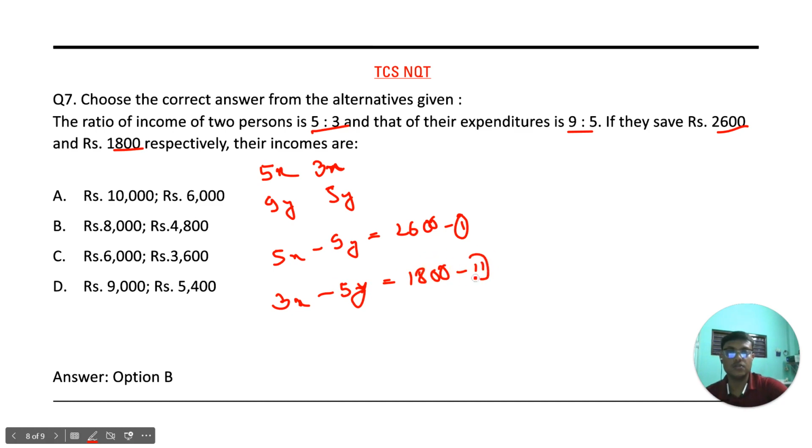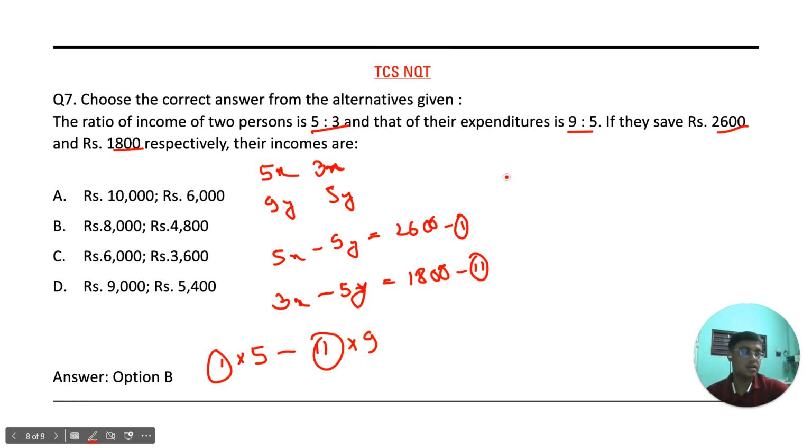This is equation 2. Now we multiply equation 1 by 5 and equation 2 by 9. So we get 1 into 5 and then we subtract 2 into 9.